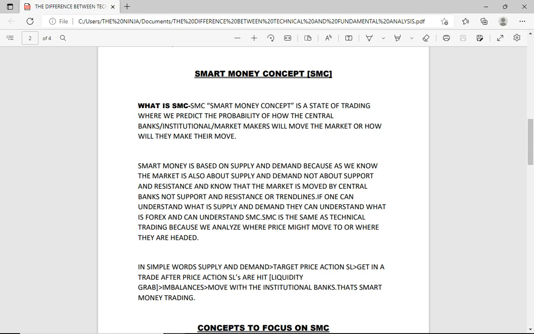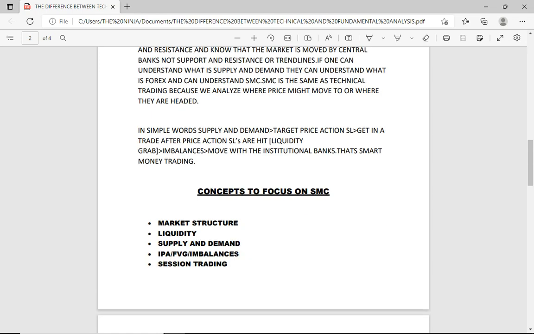But we can say with smart money trading, we are 95% to 99%, or let me say 98% accurate, in that we are able to predict where the market makers will make their next move. Our theory can be 90 to 98% accurate. So these are the concepts we're going to focus on in smart money.